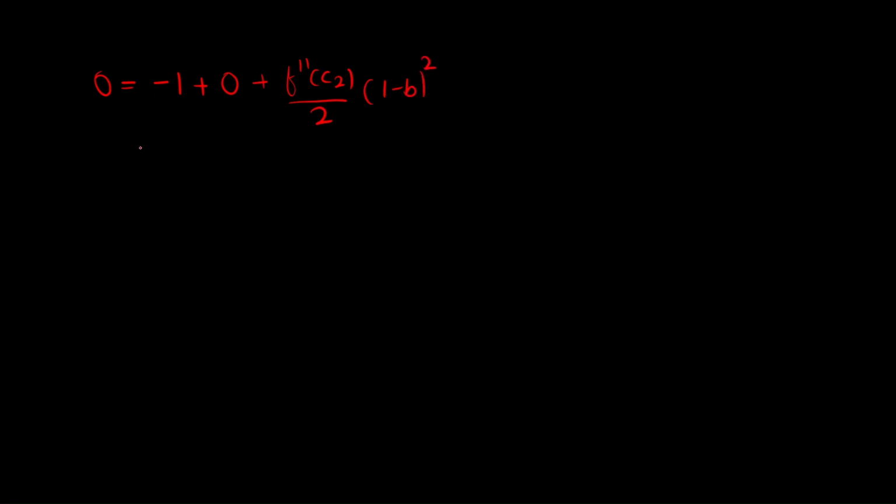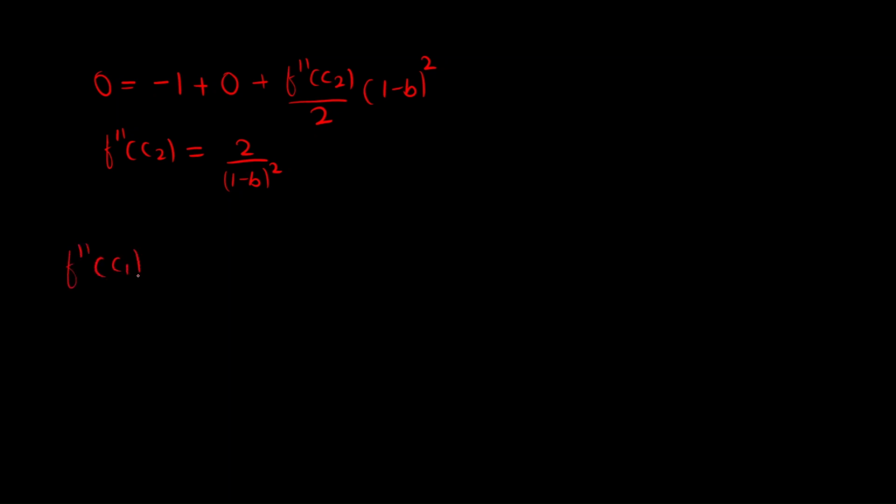Now if I again rearrange the terms, I get f''(c2) is equal to 2 by (1 minus b) whole square.